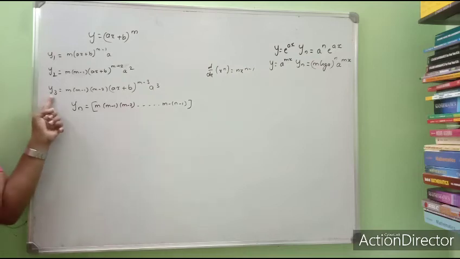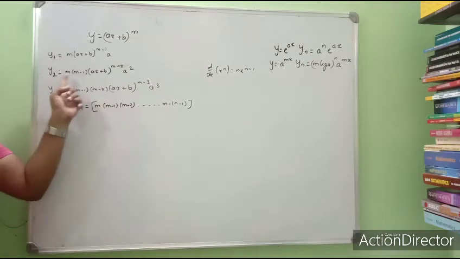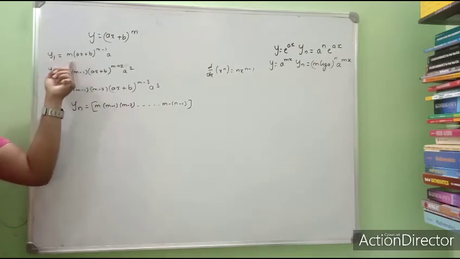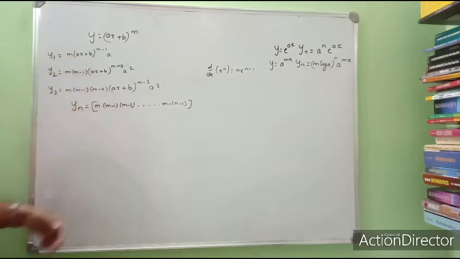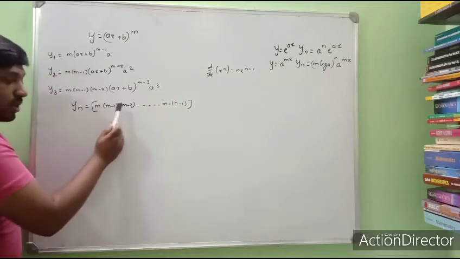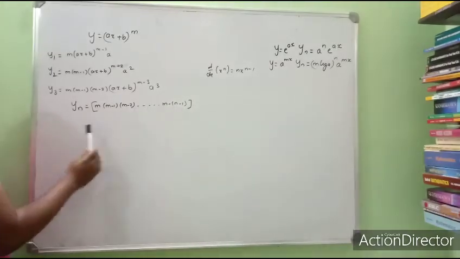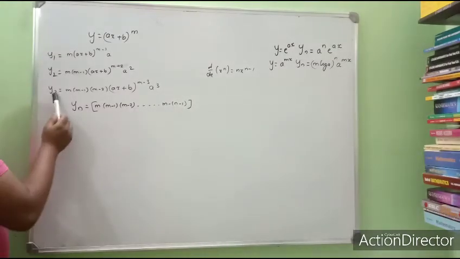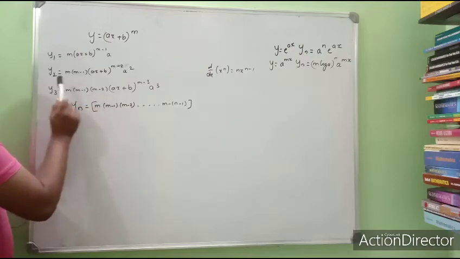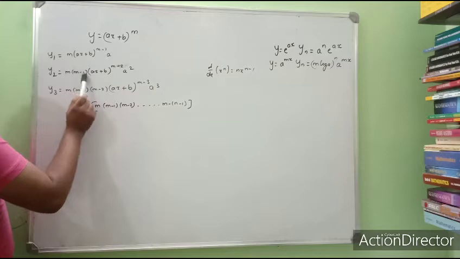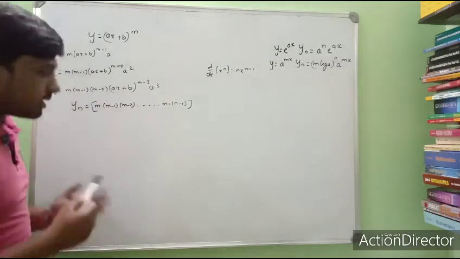So if you see here, it is 3, it is 2, it is 2, it is 1, it is 1, and there is only m. So obviously we can take m, m minus 1, and so on to m minus of n minus 1, you will be getting it. Isn't it? n minus 1 is happening here. 3 minus 1 is nothing but 2. 2 minus 1 is nothing but 1. So we'll be getting like that.